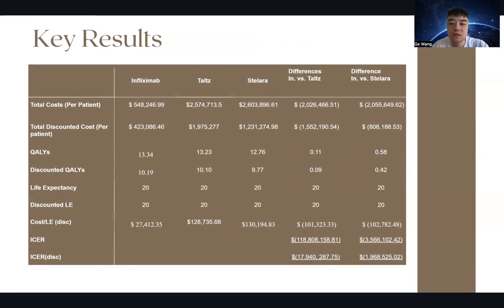The difference between our primary drug versus Taltz is 17,940,287.75, and the difference between our main drug versus Stelara is 1,968,525.02. With this being said, Lydia will dive into our model plans to explain in more detail.